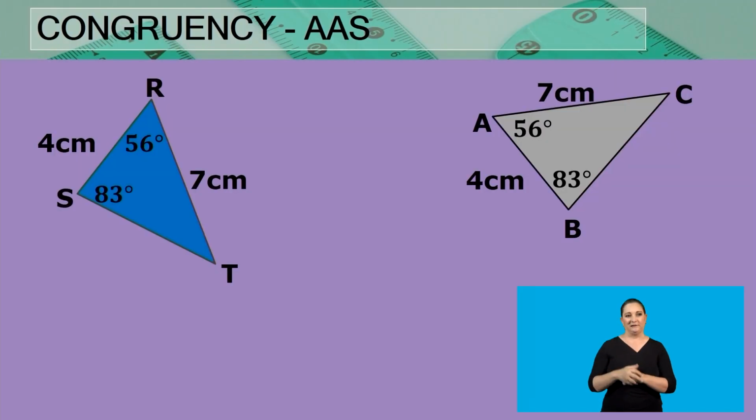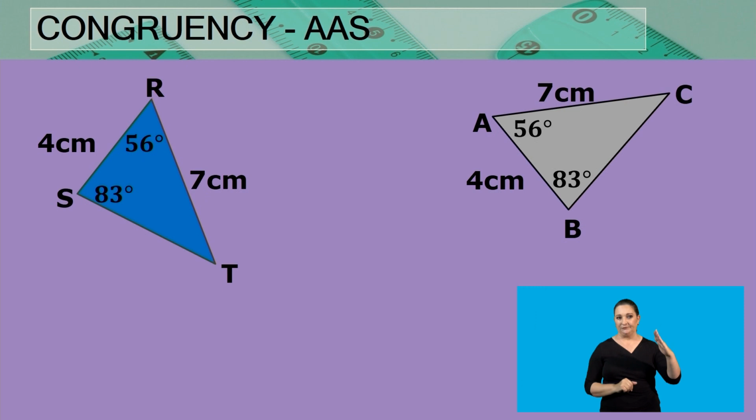Let's look at another condition for congruency, and that is when we have two angles and a corresponding side. So let's look at the two triangles here, and we can see that in triangle RST we have been given angle R, which is 56 degrees, angle S, which is 83 degrees, and we've also been given 4 centimeters for side RS and 7 centimeters for side RT.